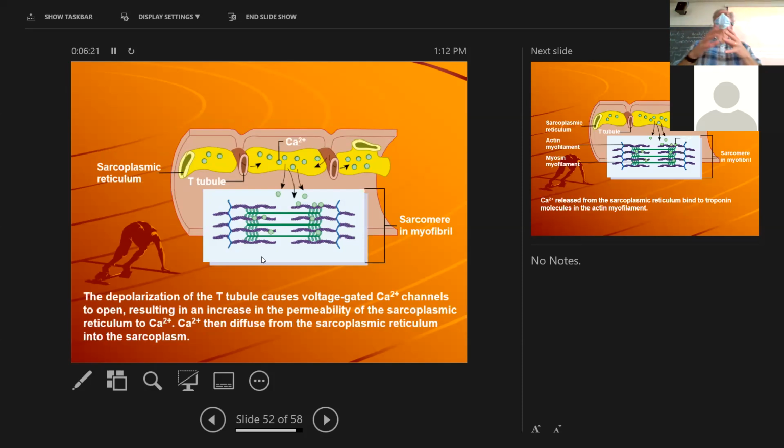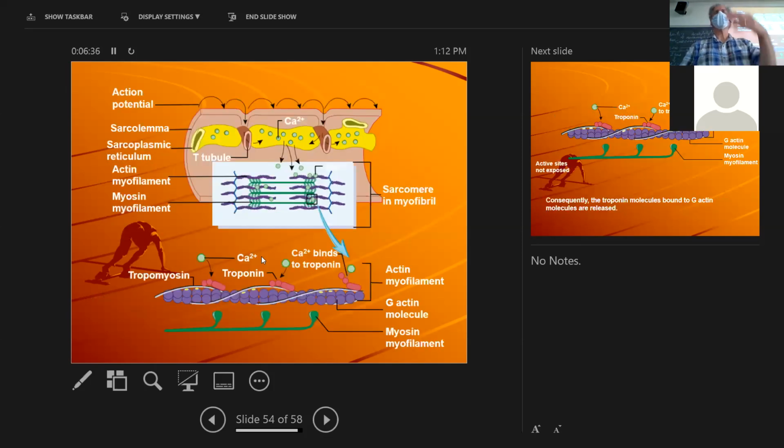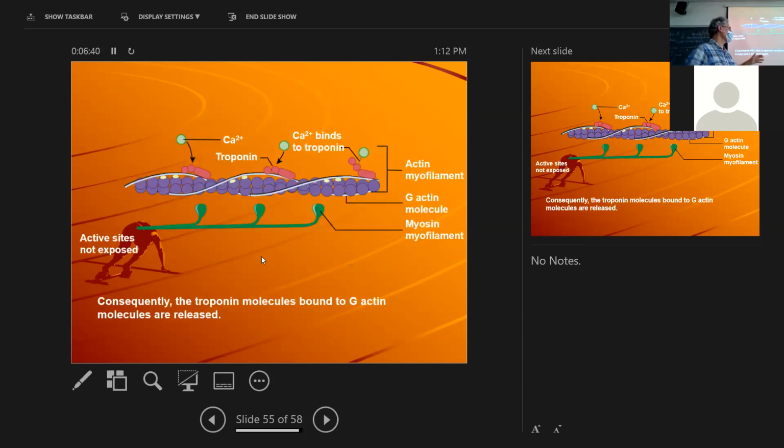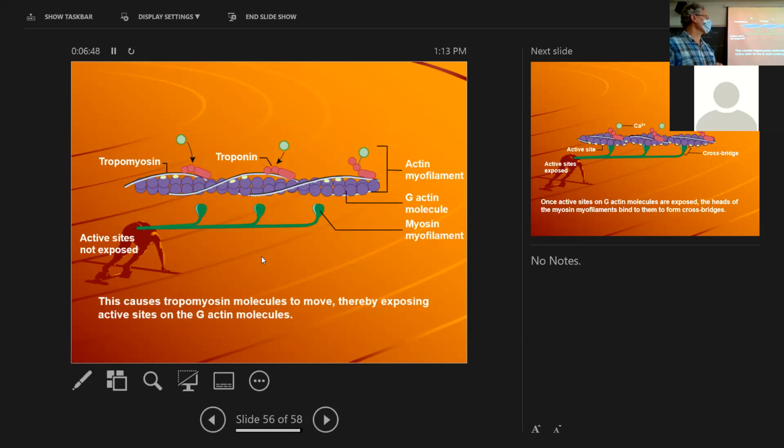The opening of the release channel, ryanodine channels, floods the cytosol with calcium. Calcium now binds to troponin. It drags tropomyosin off the myosin binding site to the actin, and now myosin will be able to bind to actin and carry out contraction, just like you see here.